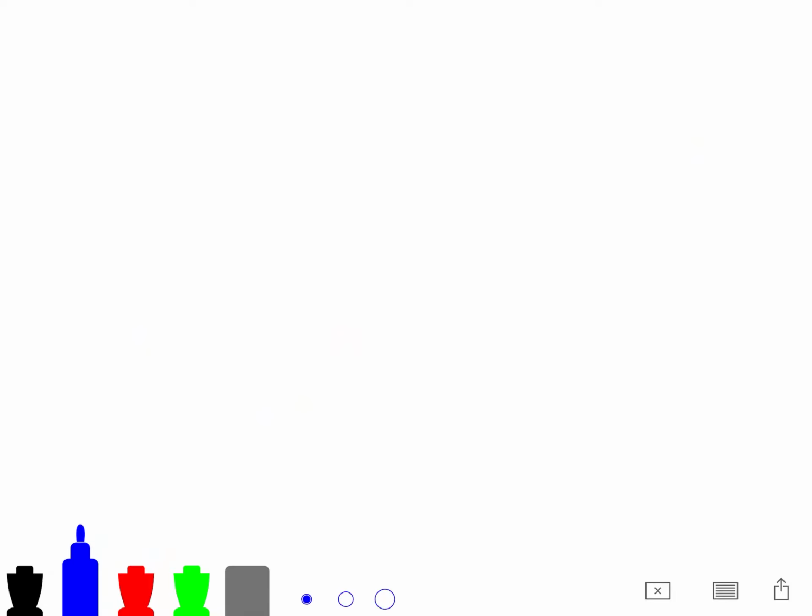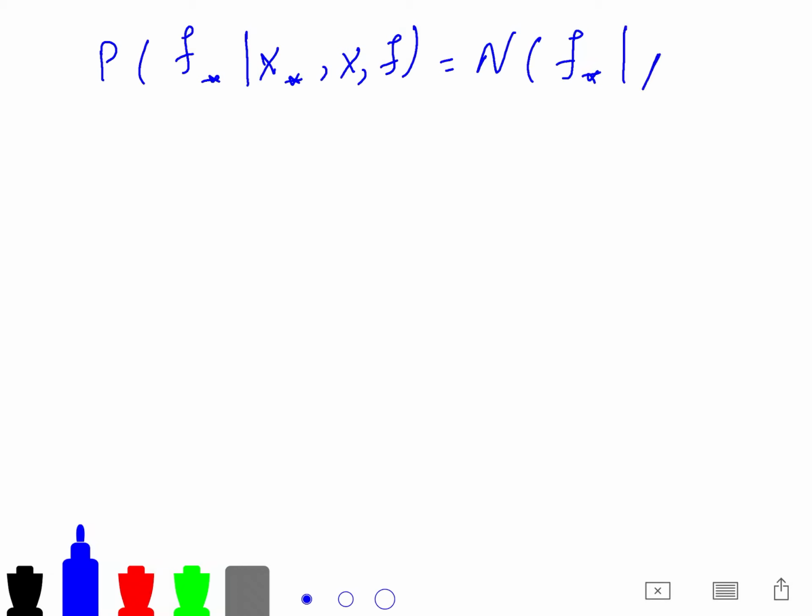Now, by the rules from a previous lecture in my playlist on Gaussian processes, you can see that the posterior p of f star conditioned on x star, x and f is equal to a normal of f star with mu star and sigma star.